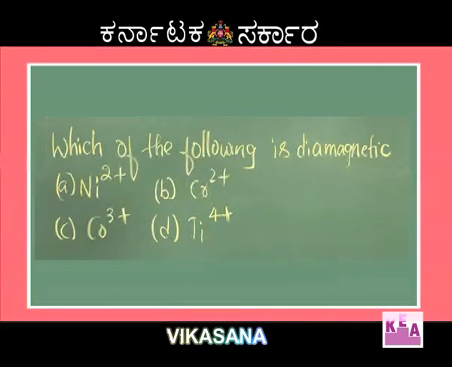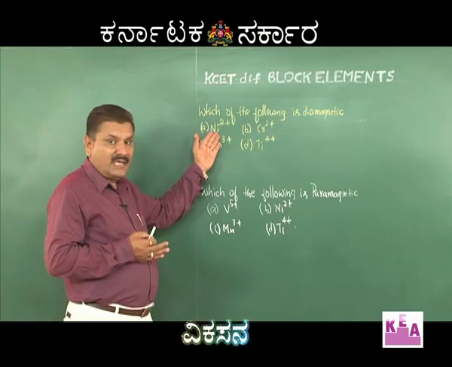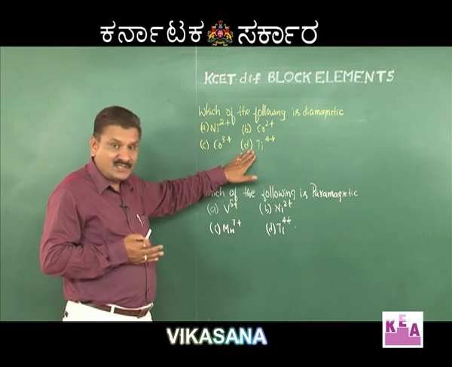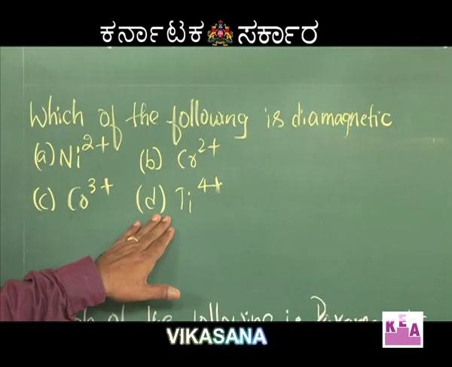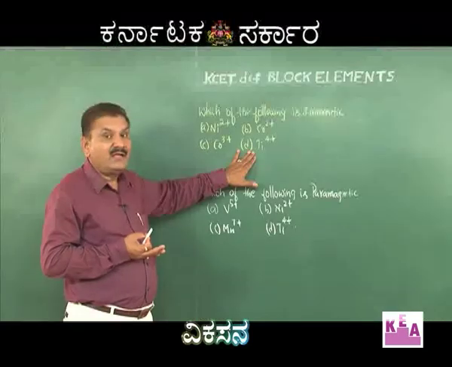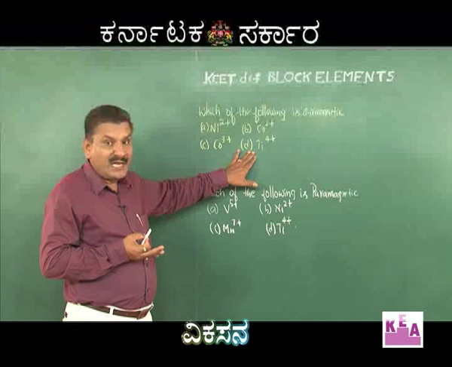The question is, which of the following is diamagnetic? Options are nickel 2+, chromium 2+, cobalt 3+, titanium 4+. As said, if a transition metal ion is in highest oxidation state, it can lose all the d electrons and exhibit the highest oxidation state, and it doesn't have unpaired electrons.